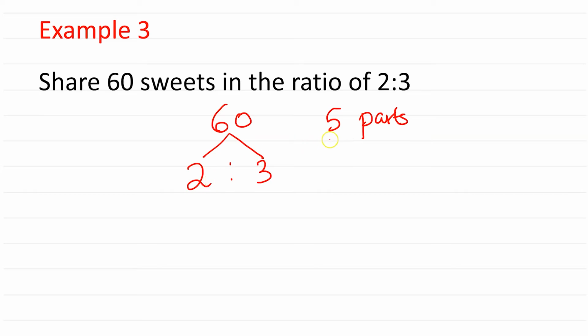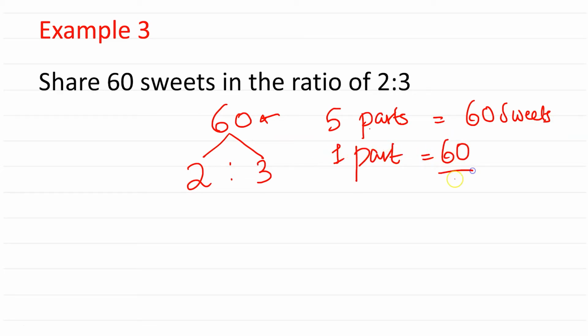So total number of parts is 5. So 5 parts we can see here represent 60 sweets. So now 1 part is going to be equal to 60 divided by 5, which is 12 sweets. So each 1 part is going to have 12 sweets.